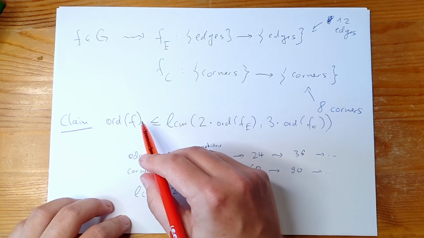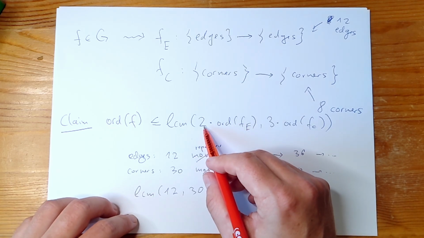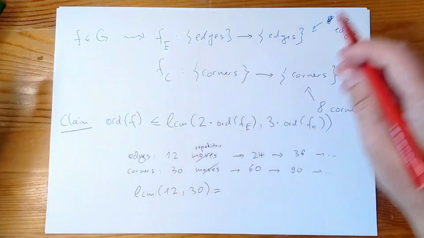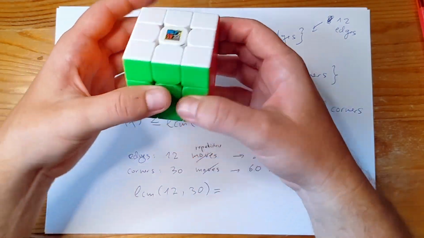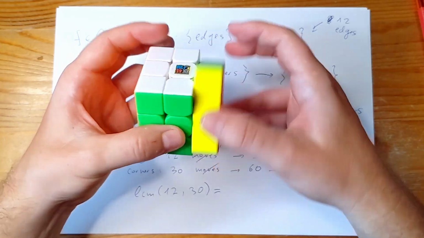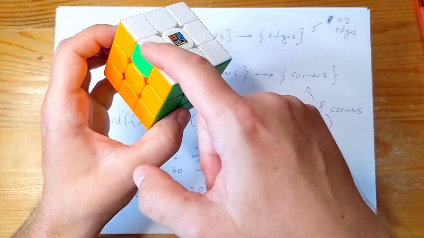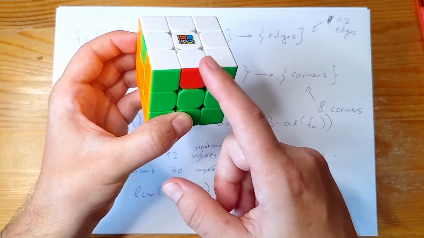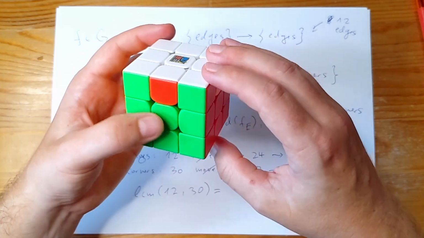And why don't I have equal? Well, the thing is that the multiplication with 2 here was just for security reasons. There could be an algorithm which actually restores the orientations as well. So for example, if I do the U-perm, I have permuted the edges and I don't have to repeat it another 2 times in order to restore them, right?